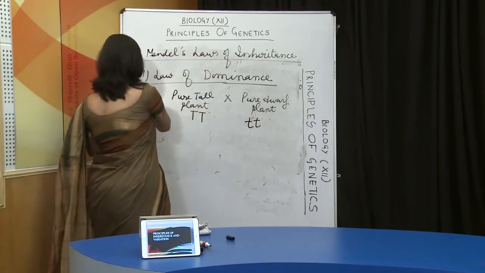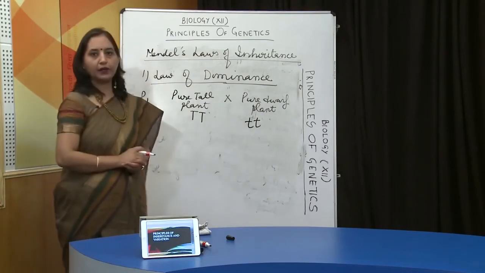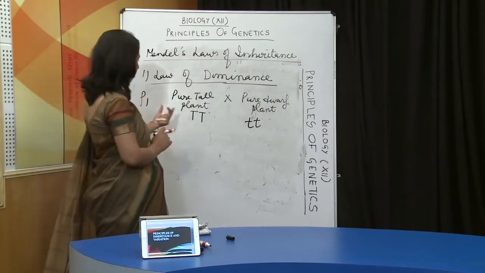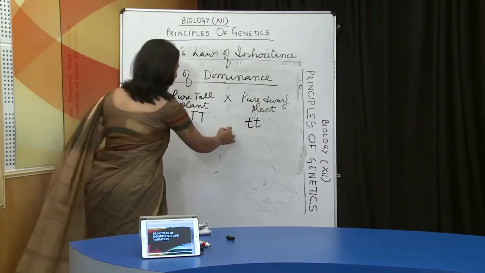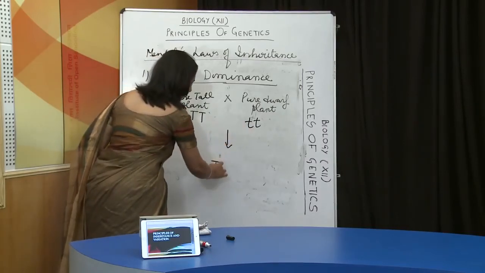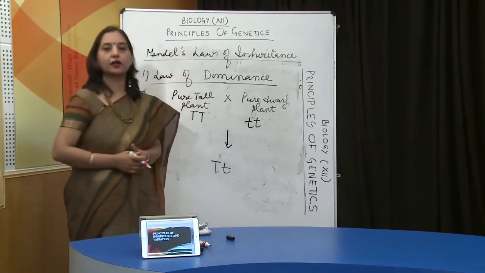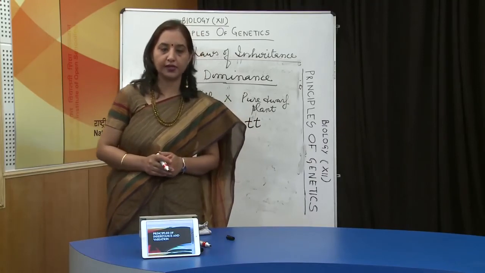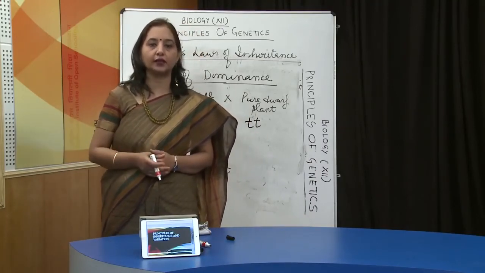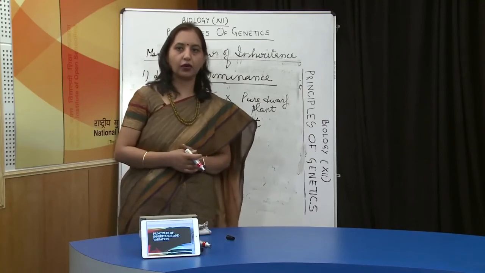These are the parents, and we represent parents by P1. So when Mendel crossed pure tall plants with pure dwarf plants, in the first generation he found that 100% plants were tall. That means the character of tallness is dominating over the character of dwarfness or shortness.